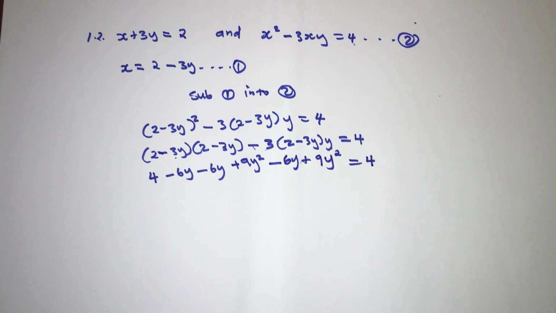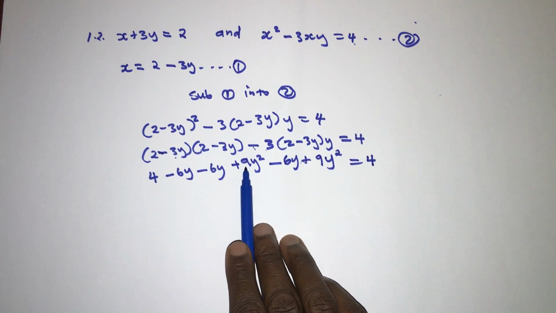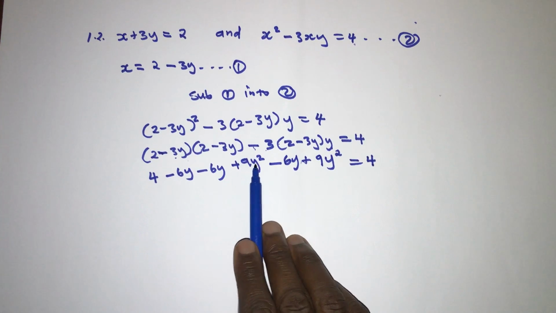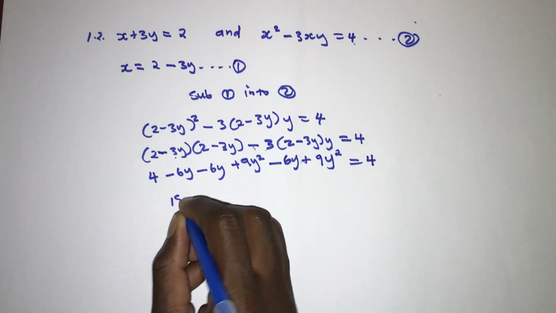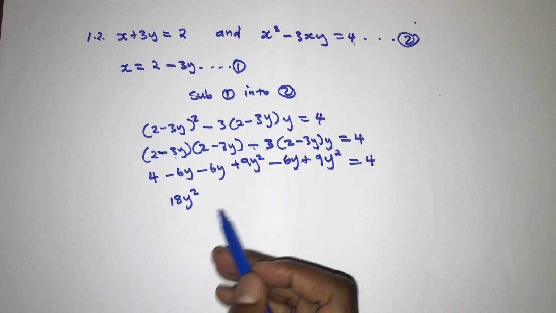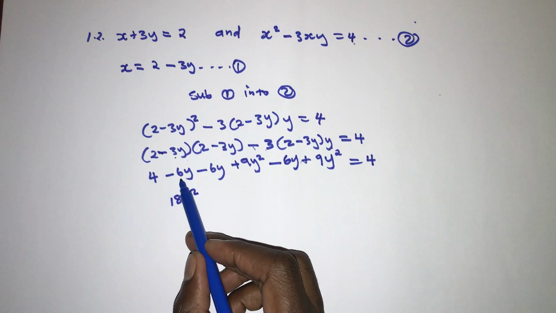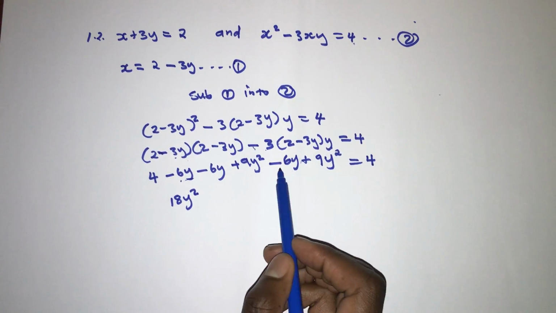So from here, let's check. We group the like terms. We have positive 9y squared, 9y squared, so it's like 9 plus 9, which is 18y squared. And then we have negative 6y, negative 6y, negative 6y.